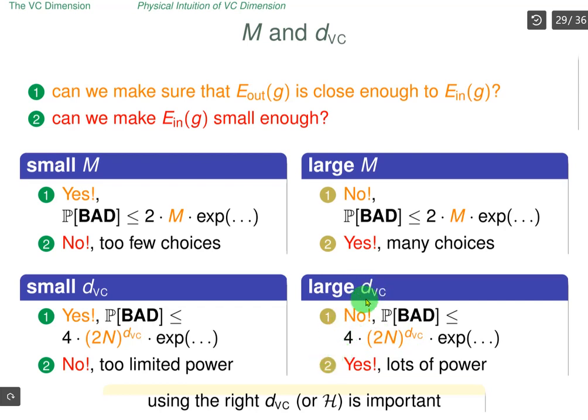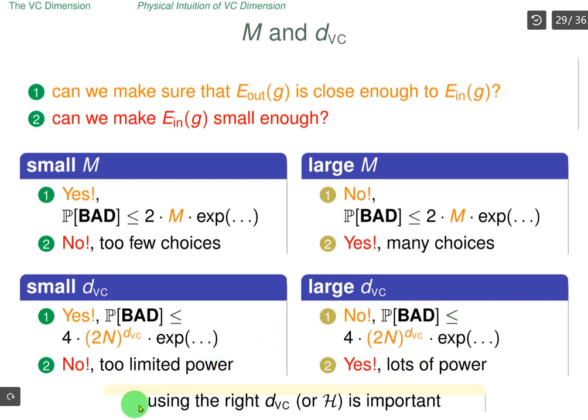So if we have a large VC, we can make sure that in sample error will approach 0 because our hypothesis is powerful. Look, this is powerful, while here we said many choices. So we're trying to represent the hypothesis class in terms of the VC dimension now.